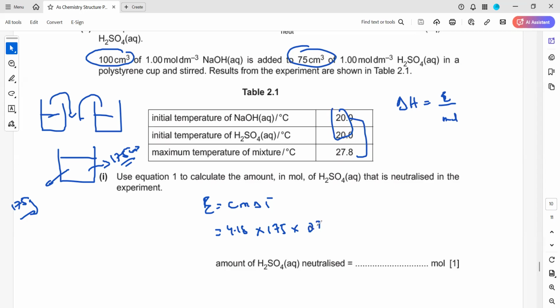So we take the temperature difference, 27.8 minus 20, which is 7.8. When you multiply, E equals Cm delta T, you will get the answer in joules, because specific heat, mass and temperature change are there. So the answer is 175 times 4.18 times 7.8.